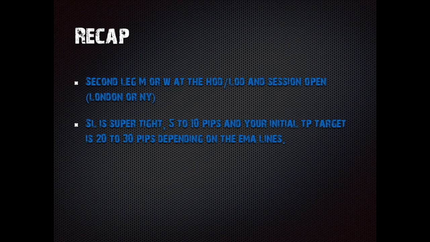That way you're guaranteed 20 pips, and you can let it ride from there on in and see how many more pips you can get in the next hour or so after that. Okay. If you have the EMA lines that are separated, then of course you're aiming for water, which is the 50 EMA, as take profit 1, and mayo, which is take profit 2, the 200 EMA.